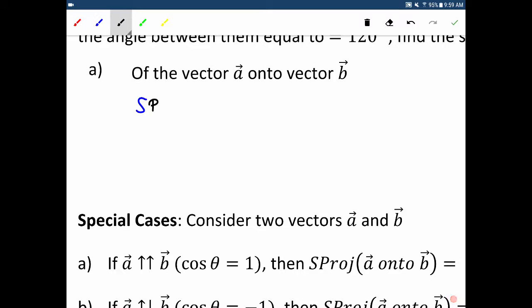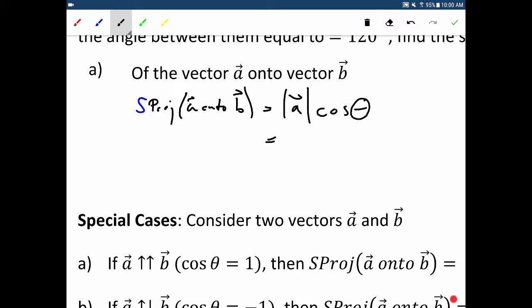The scalar projection of A onto B is just going to be the magnitude of A times cos theta. In other words, it's 10 cos 120, which is going to give us -5.